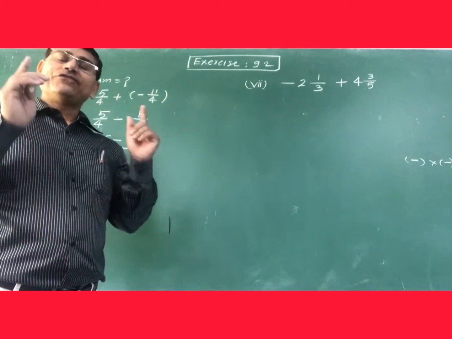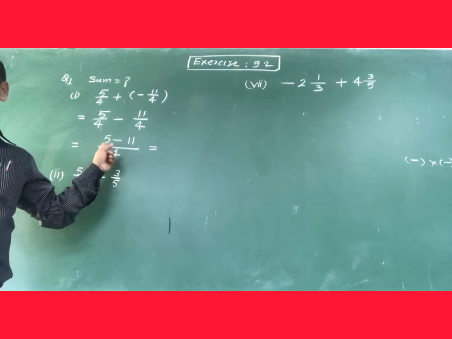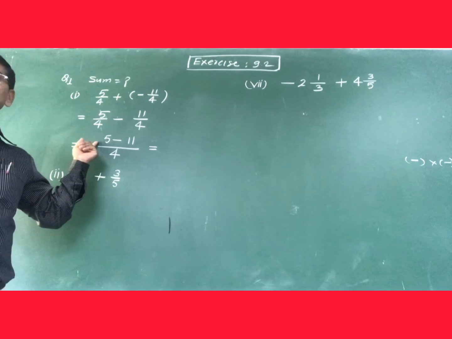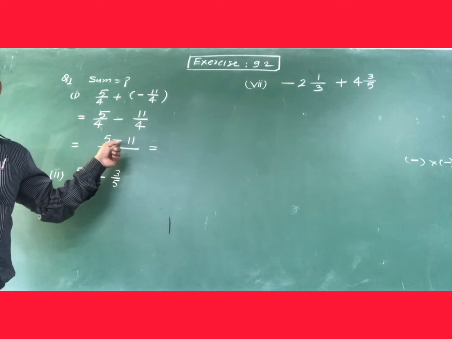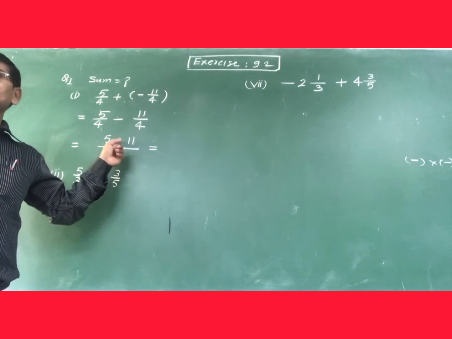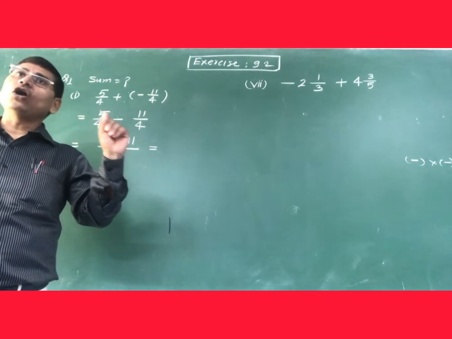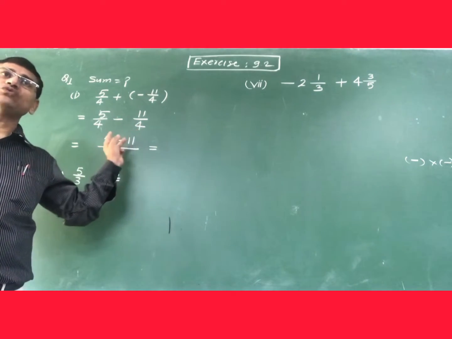So dear, first of all, because here is plus and minus, 5 is a positive sign and 11 is a negative sign, so you will subtract always. If you get opposite signs in the numbers, then you will always subtract these two numbers.